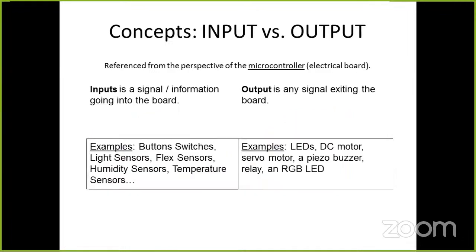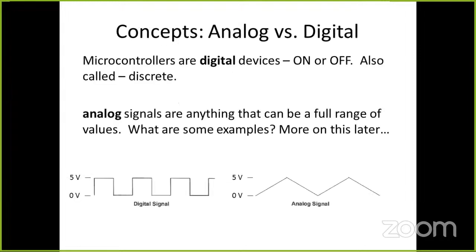Those are input and output. You can see some examples over here. For input signals: buttons, switches, light sensor, flux sensor, temperature sensor, humidity sensor. Outputs are LEDs, motor, servo motor, buzzer, and RGB LED.